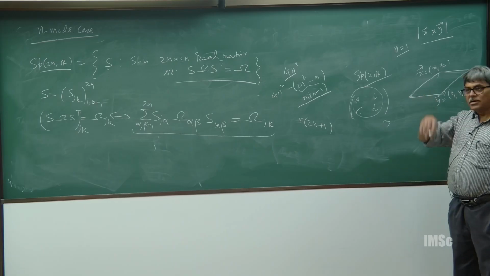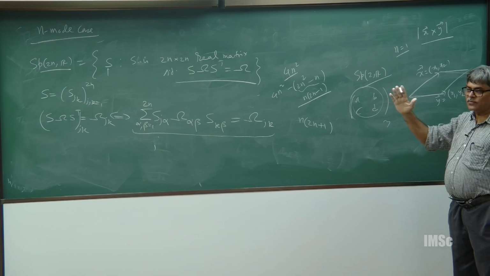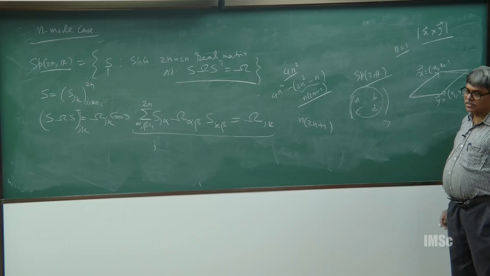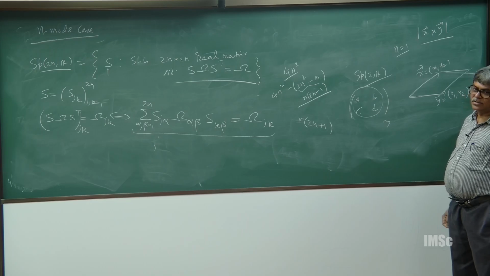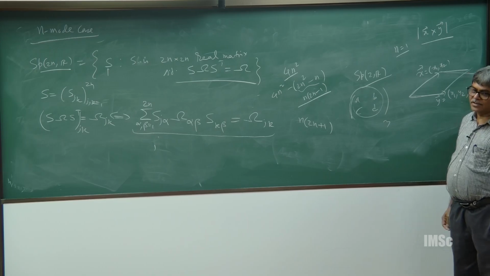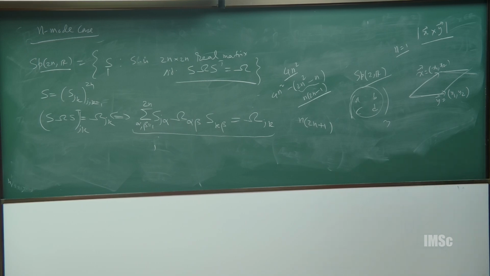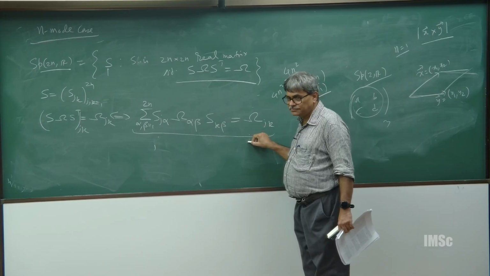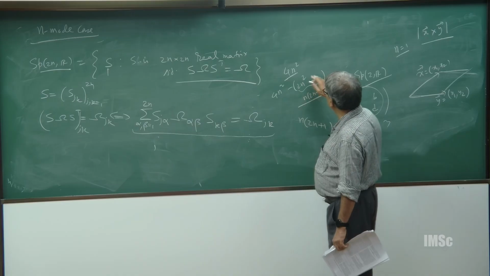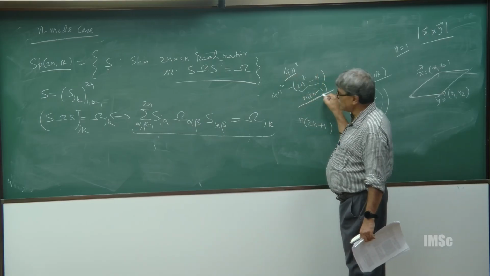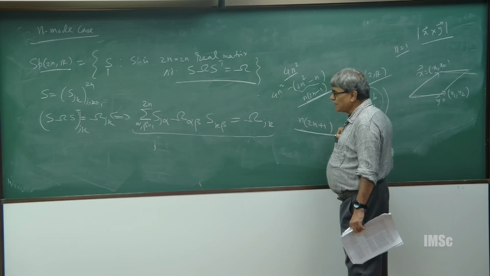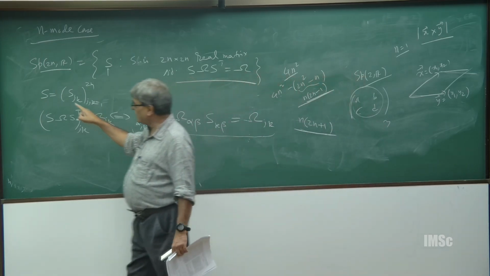If I take a 2n by 2n matrix, either the upper triangular or the lower triangular, including the diagonal, that is 2n plus 2n minus 1 plus 2n minus 2, like that, the sum of that series. So the logic is that from this relation you will have to figure out how many independent constraints there are, and then subtract that from this 4n squared. So the remaining one is this one.